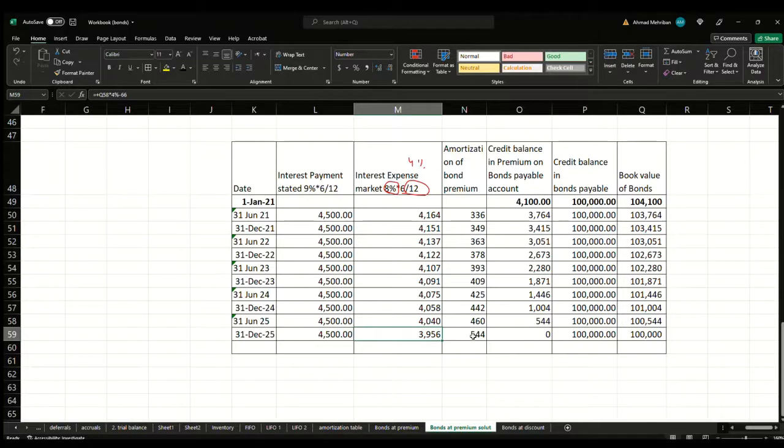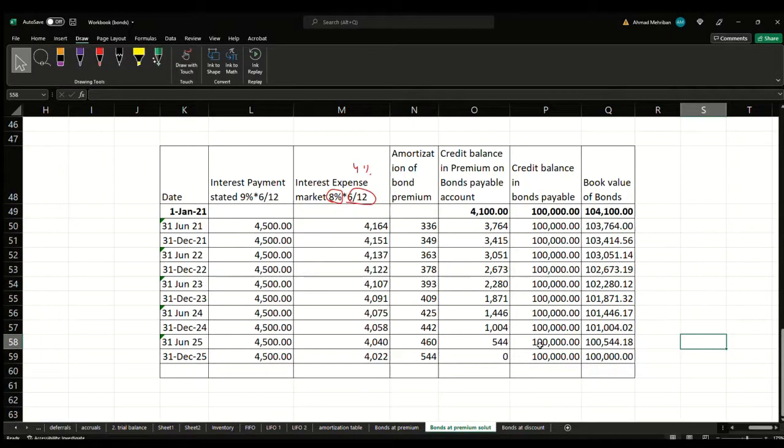But since this is what's happening, we can just basically add it to or remove it from the interest expense. Our amortization of bond premium is going to go a bit higher, increased by 66. However, our premium on bonds payable balance will go down to 0, and all the numbers will be cleared. So this is how it's done when using the effective interest method.